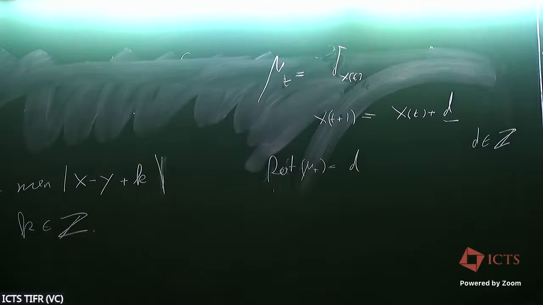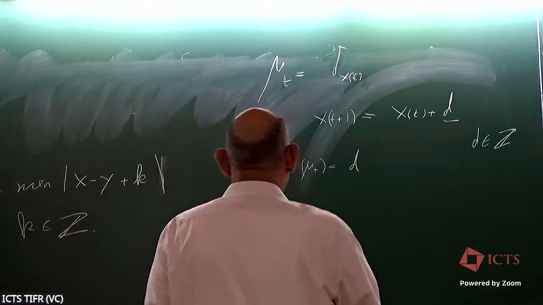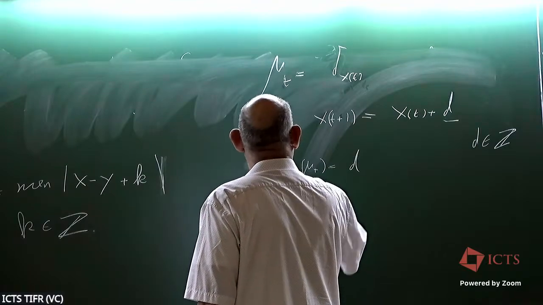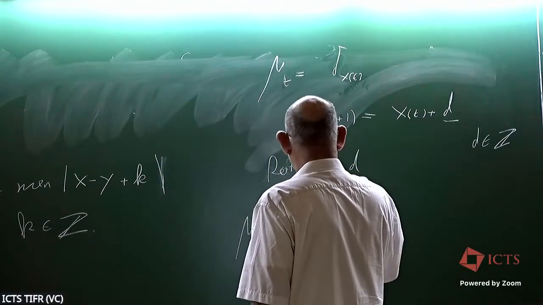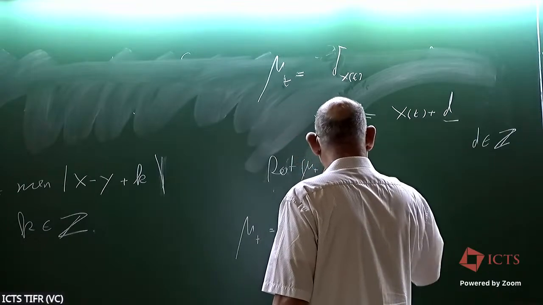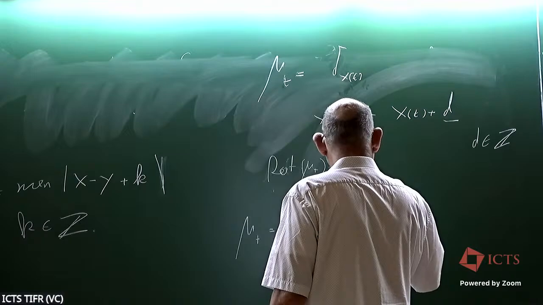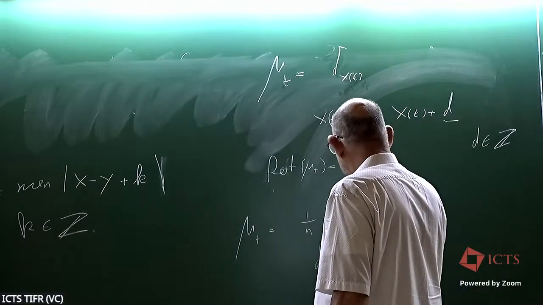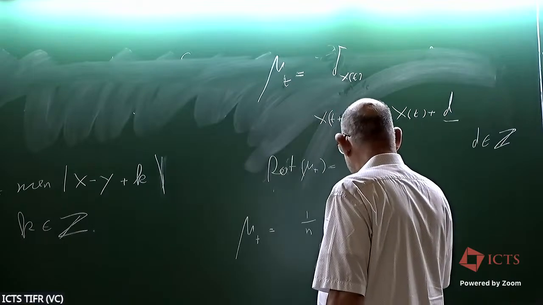But what happens if we have mu of t composed of a combination of orbits like this? So suppose mu of t is 1 over n sum of delta x_i(t). And each x_i(t) has a degree, may have different degree.